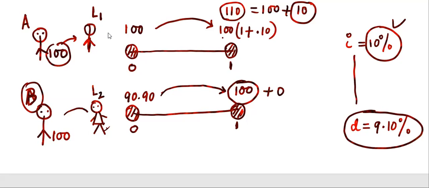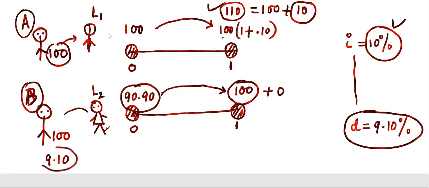Now check whether 9.10 at the start is 10% or not. In other words, you check how much both the guys A and B will have at the end of 1 year. This guy is clearly 110. But how about this guy? If you say no, he didn't get interest, but 9.10 is the amount he deducted from this guy and gave 90.90.